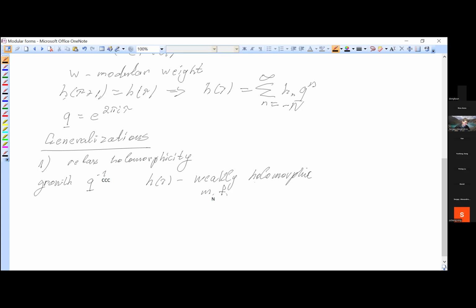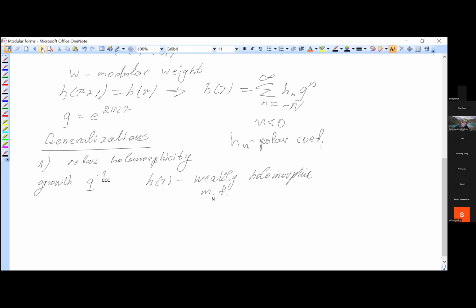Again, one more definition is that the terms with n less than 0 are called polar terms. So in particular, h_n with such n are called polar coefficients. As I mentioned at the beginning, they will play an important role in our story also.